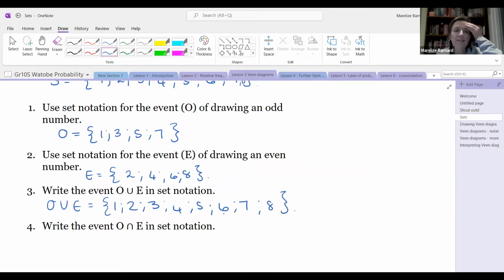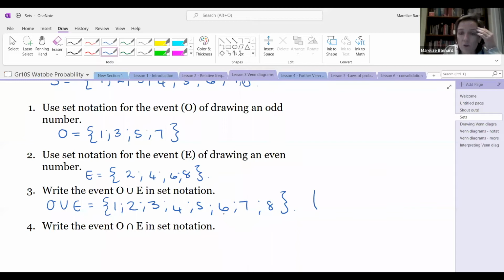Okay, and then our last question is write the event O intersection E in set notation. Maybe just reach out to Tandukasi, please, Ms. Coco, and see what does the U mean.